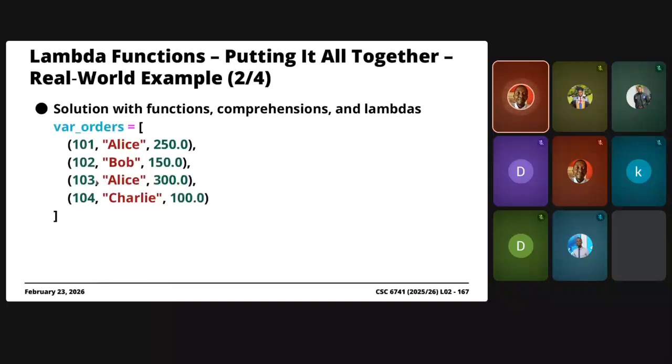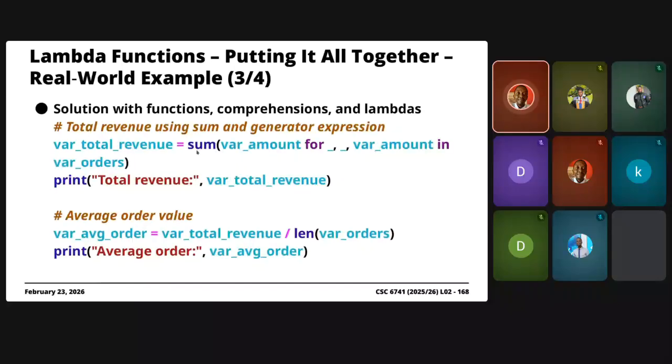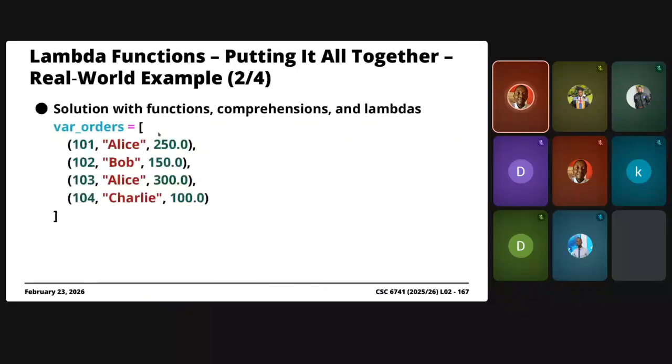For us to get the total revenue, we can take advantage of the sum built-in function and just do a list comprehension. So we're getting the amounts in the orders, so get the amount when you're looping through these different items in each order.